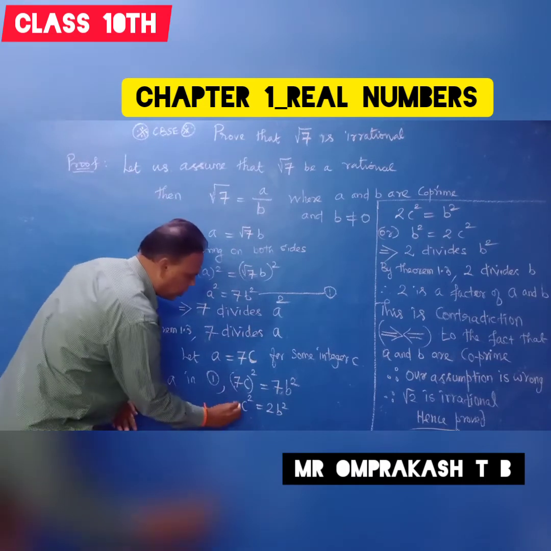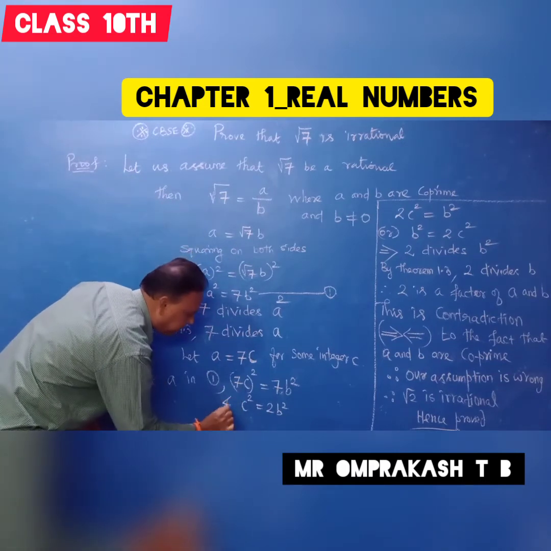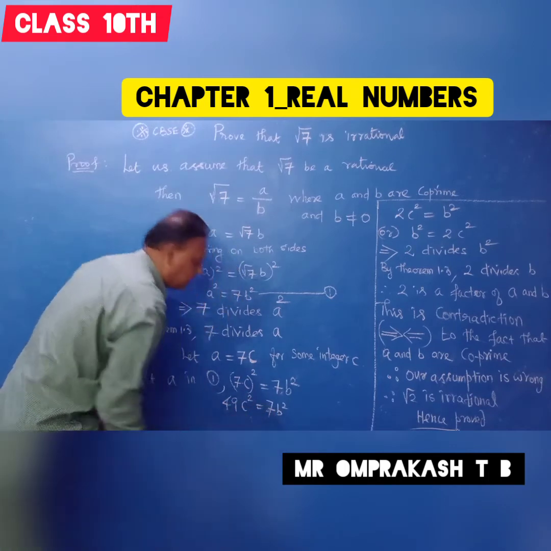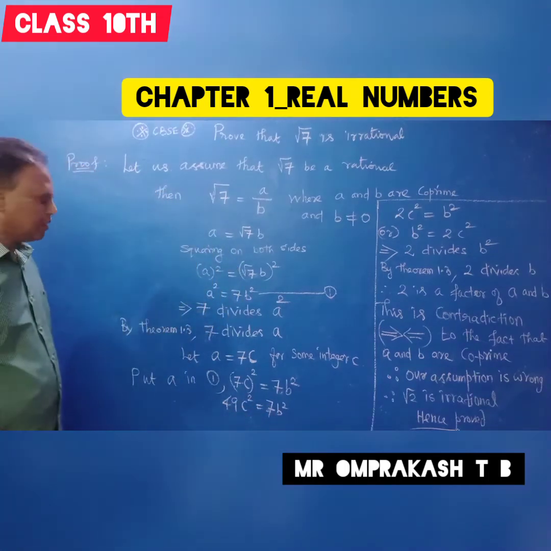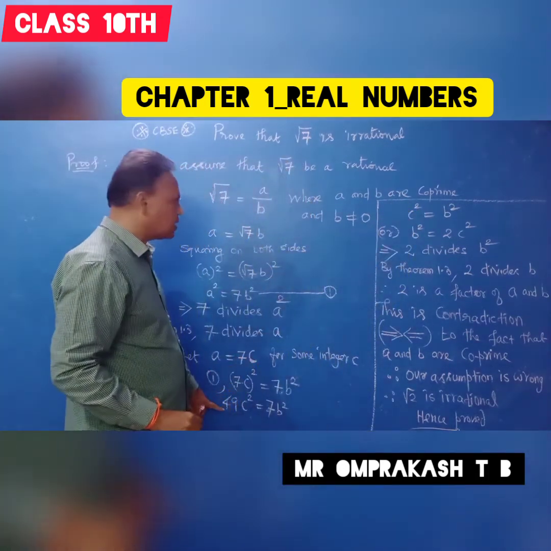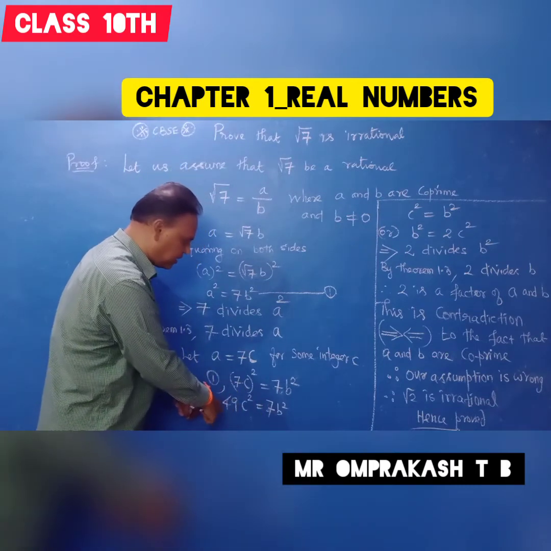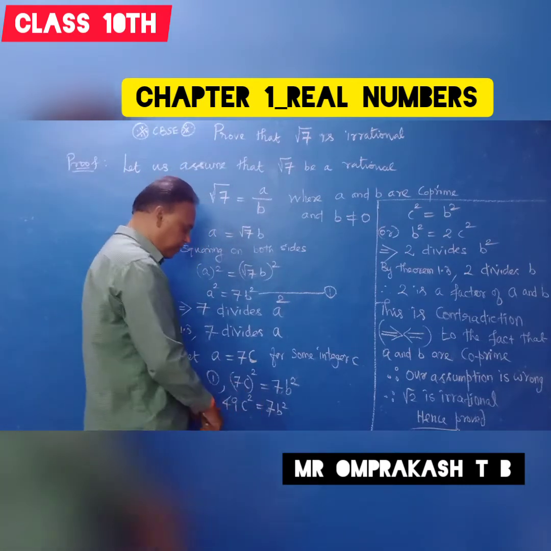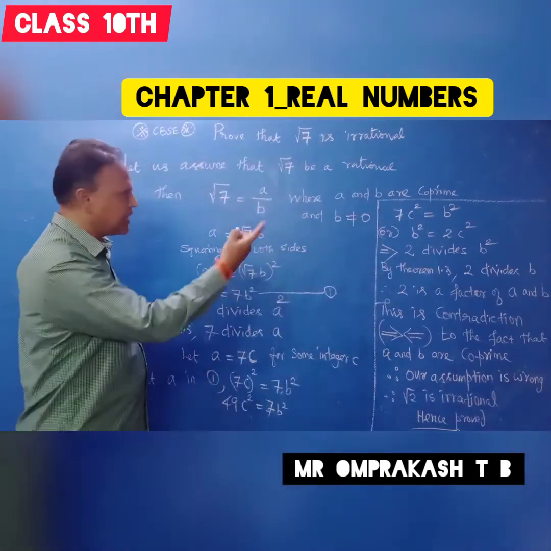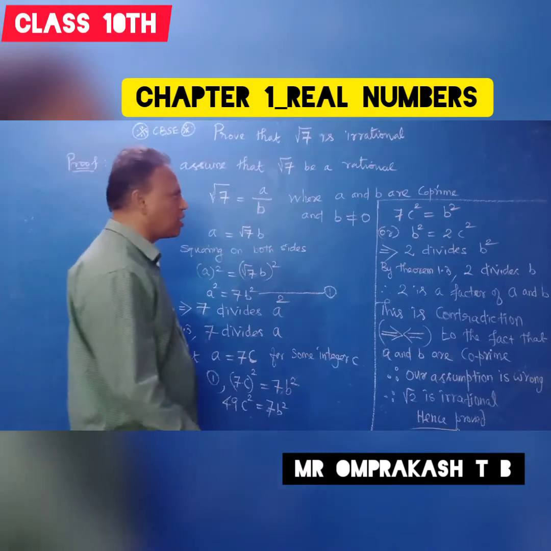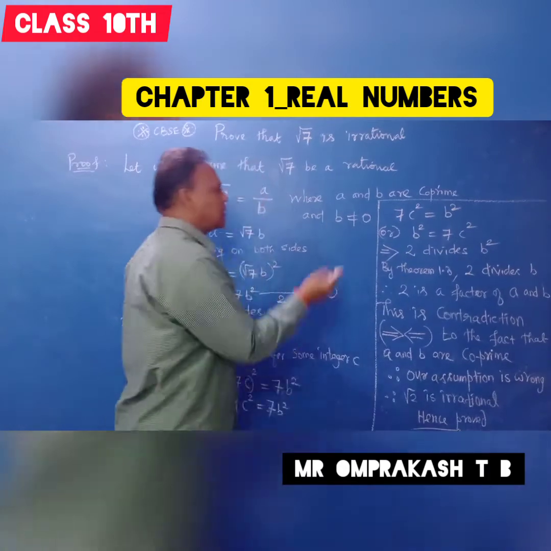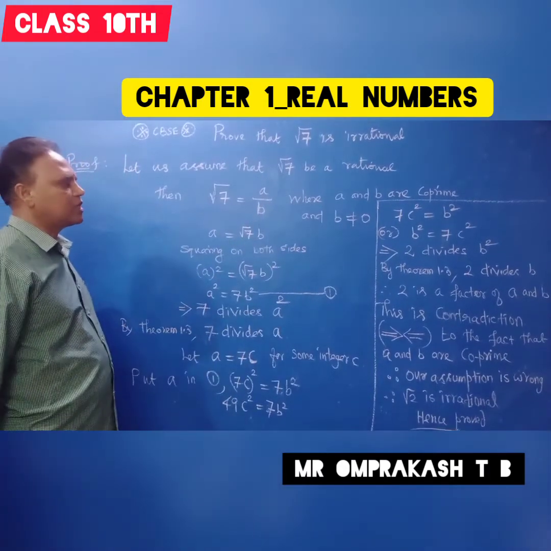Now cancel 7, dividing by 7, we get 7c squared equals b squared, or this can be written as b squared equals 7c squared.